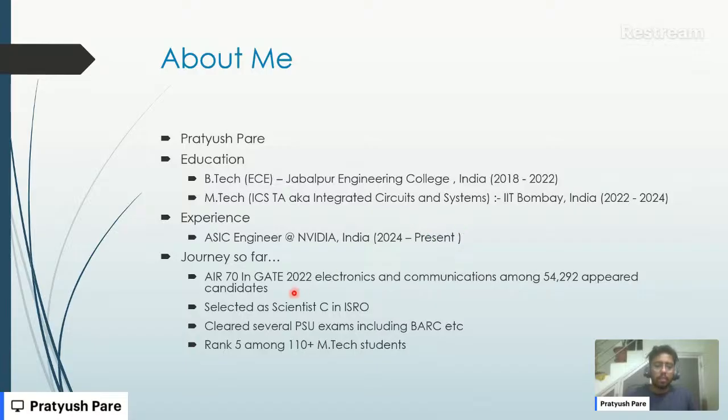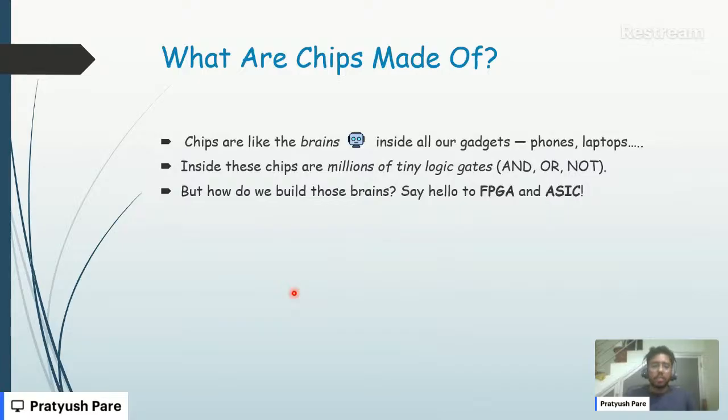Okay, let's get started quickly. First we went over why we need to discuss what FPGA and ASIC are. Chips are like brains to our gadgets. Just the way the brain controls all the parts of our body, chips control all the peripherals of the gadgets.